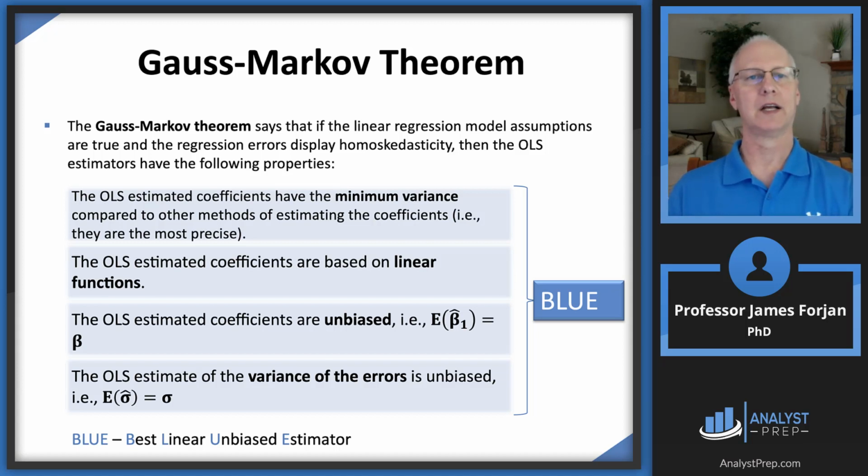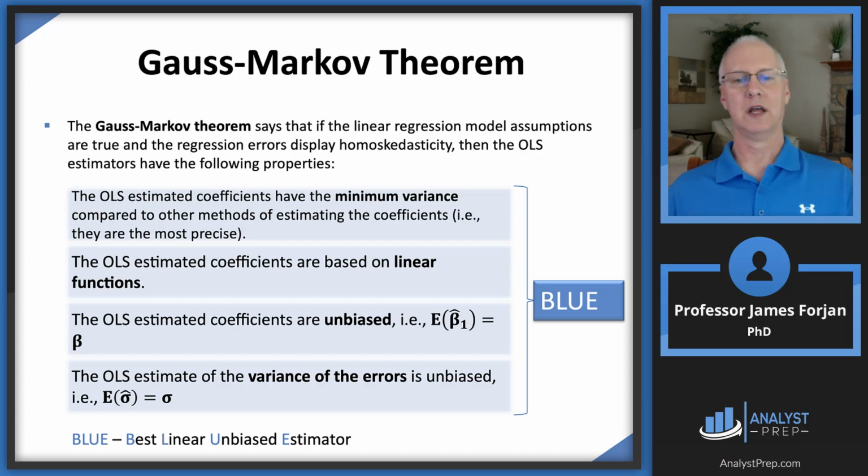How about the Gauss-Markov theorem? This is the BLUE that I talked about in that very first slide. If the linear regression model assumptions are true and accurate, and the regression errors display homoskedasticity, then the OLS estimators, primarily the slope coefficient, will have the following properties. It will have the minimum variance. That means it's the best. It'll still be linear.